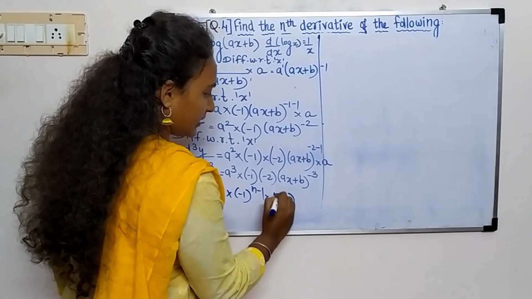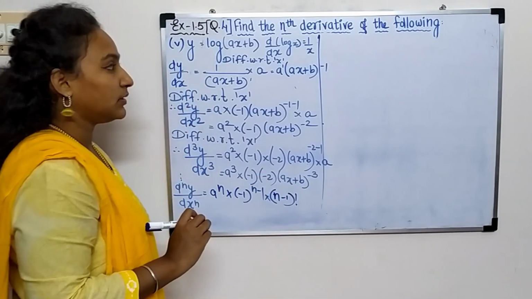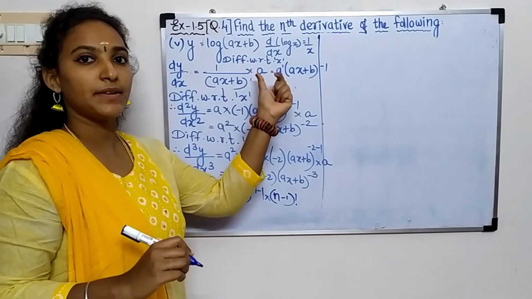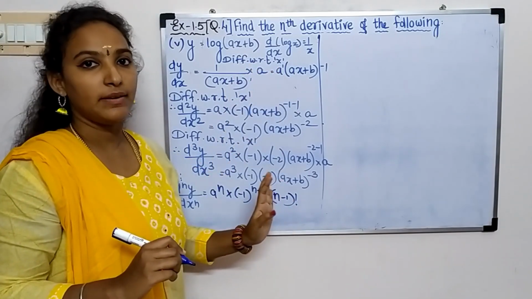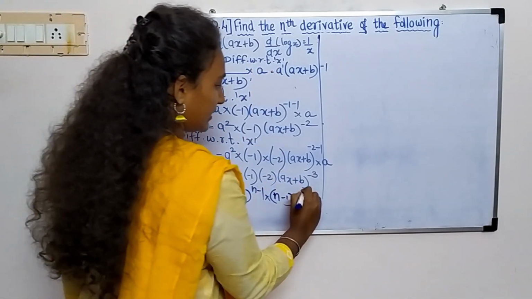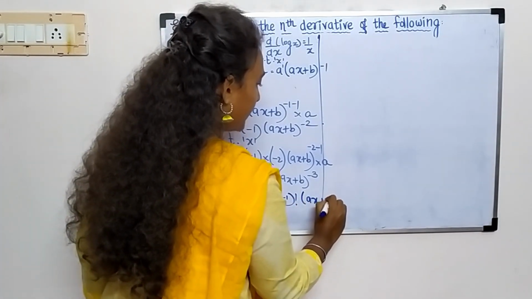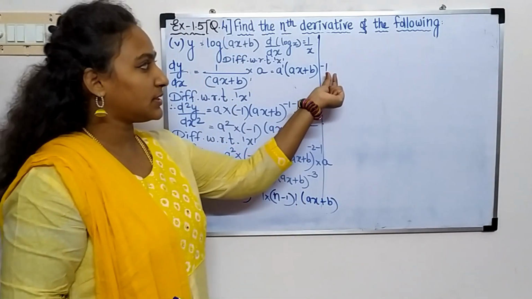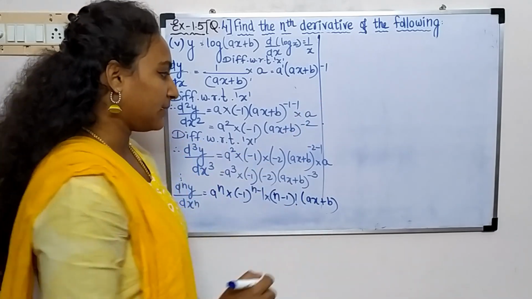So this is n minus 1 factorial. Okay. If it was starting from the first derivative itself, we would have written n factorial. And this is ax plus b raised to, it was 1 from the beginning, so write minus n.